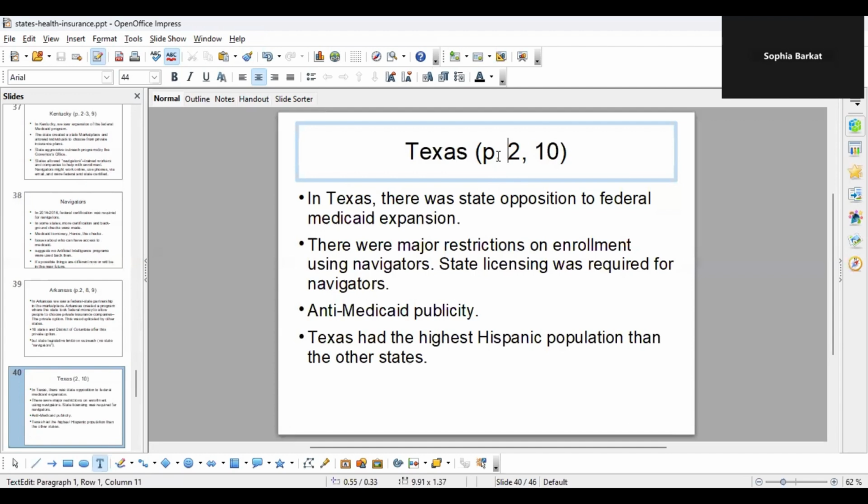And Texas has a higher Hispanic population rate than other states. And in the results section, you'll see that the Hispanic population were underrepresented in the enrollment. There were enrollment issues. Let's take a look at what's going on.